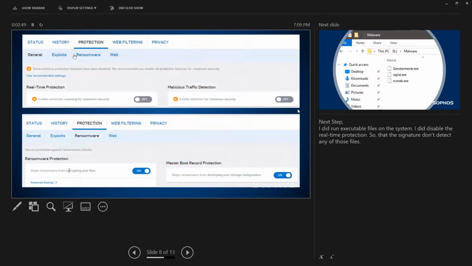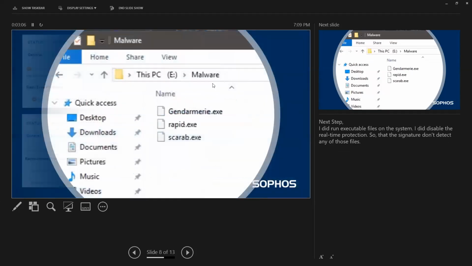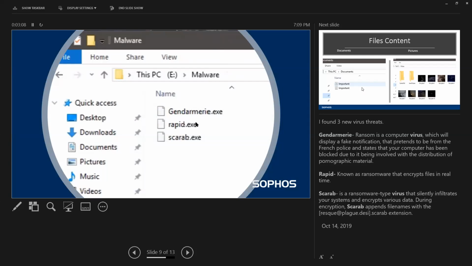And then I decided to run some executable files, so I went into the console and turned the real-time protection off so it wouldn't detect the signature, and I left on just the ransomware functionality. And here are my 3 executable files that I ran against Sophos.